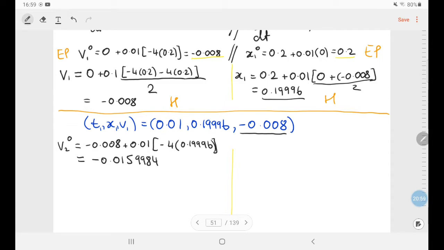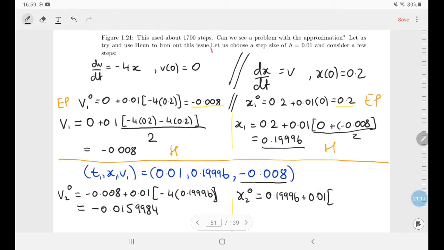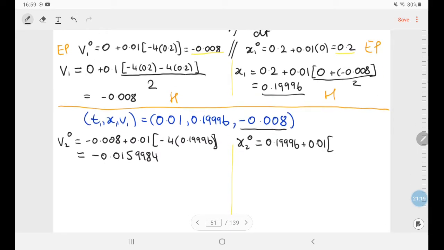We should also calculate the Euler predictor for x. So it says the previous x value, which is 0.19996, plus step size 0.01, and then the slope of x is v. So it should be the previous v, which is minus 0.008.